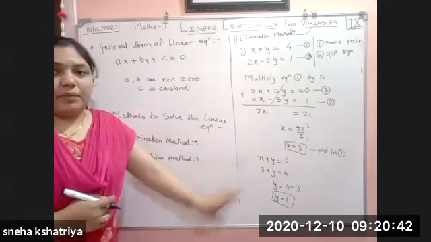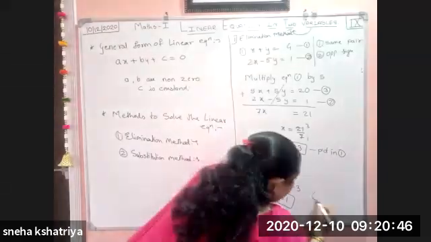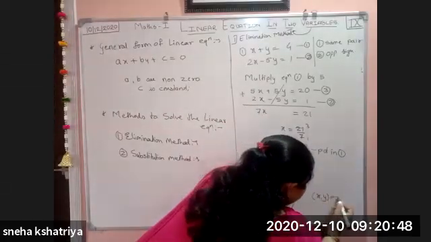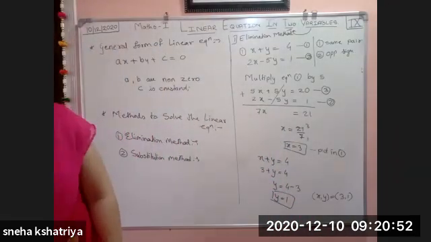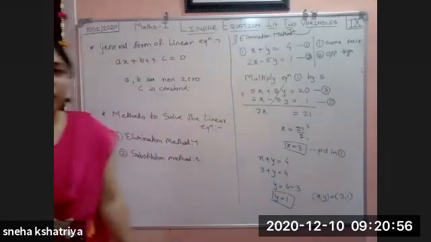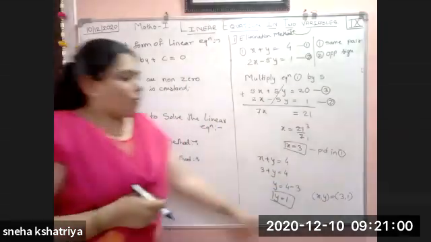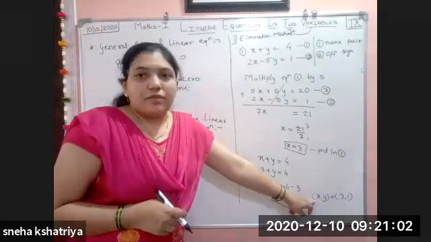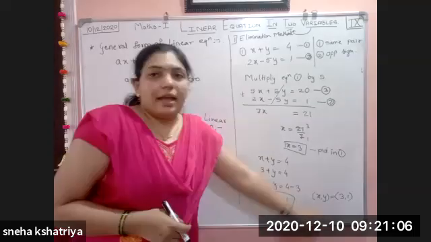Now this type of solution you have to write like this: (x, y) is equal to (3, 1). The solution should be written in round brackets, because they are the coordinates of a point, and the coordinates are x and y.